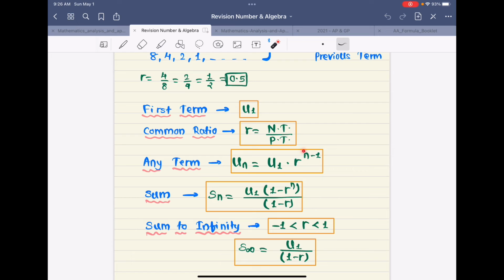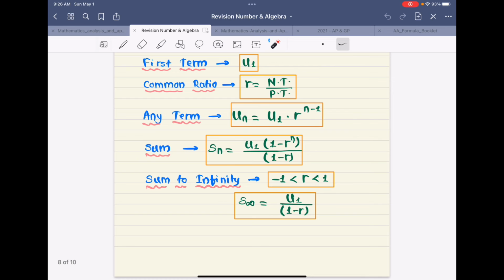Now understand, this power n minus 1 is only applicable for r, not u1 times r. It is only for r raised to n minus 1. And there is a sum formula: u1 times (1 minus r raised to n). Look at this, the n is only for r, not the bracket. u1 times (1 minus r raised to n), bracket complete, over 1 minus r.